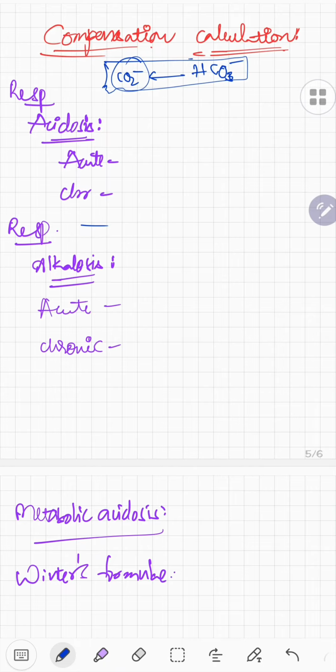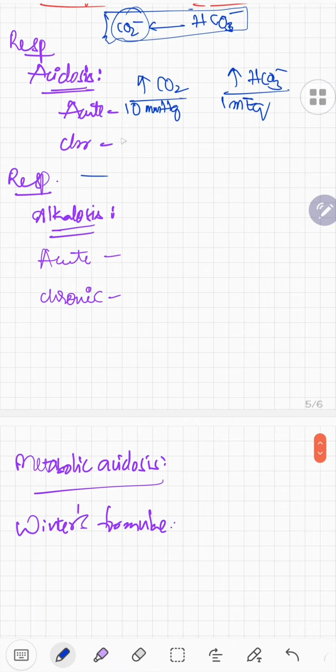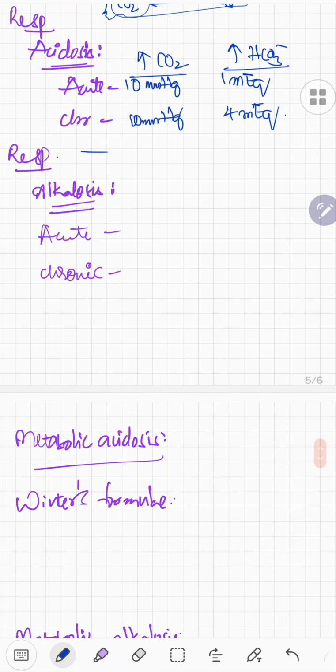In respiratory acidosis, in acute conditions, for every 10 millimeters of mercury increase in carbon dioxide, there will be a 1 milliequivalent increase of bicarb. In chronic respiratory acidosis, for every 10 millimeters of mercury increase in carbon dioxide, there will be a 4 milliequivalent increase of bicarbonate.